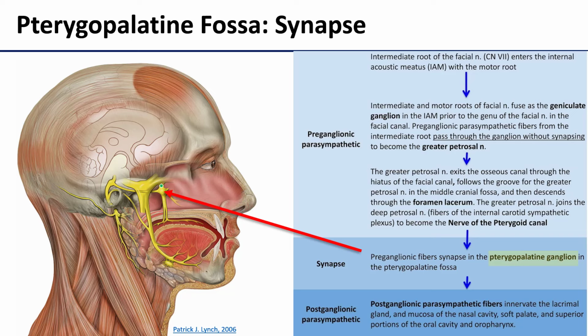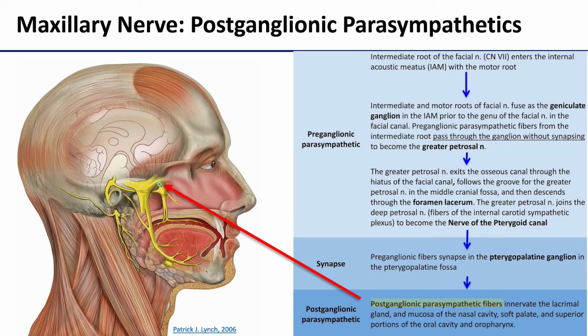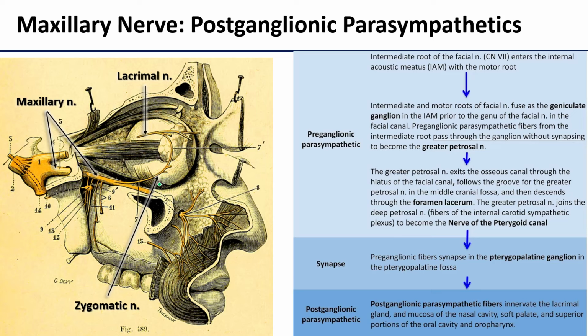Postganglionic fibers are going to leave that ganglion and they're going to travel up toward the lacrimal nerve. How they get there is really quite impressive. So let's take a look here. So recall there's V1, V2, that's the maxillary division, and there's V3.